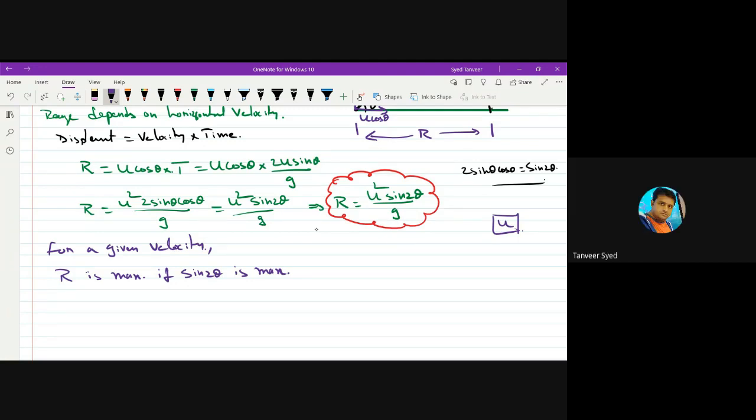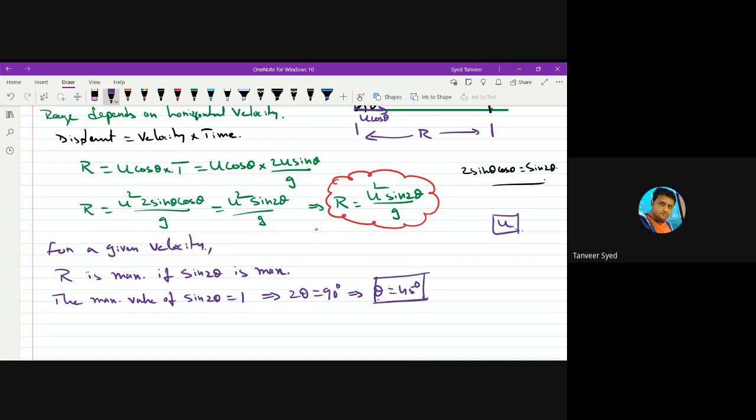And what is the maximum value of sine 2 theta? The maximum value of sine 2 theta is 1. Sine cannot take a value greater than 1. Its range lies between minus 1 and plus 1. And sine 2 theta is 1 means 2 theta is equal to 90 degrees. That means theta is equal to 45 degrees.